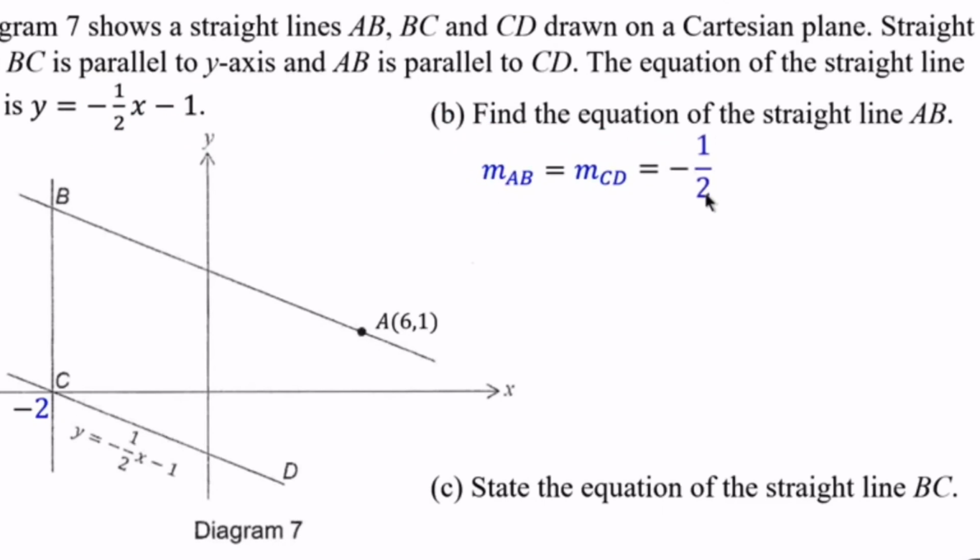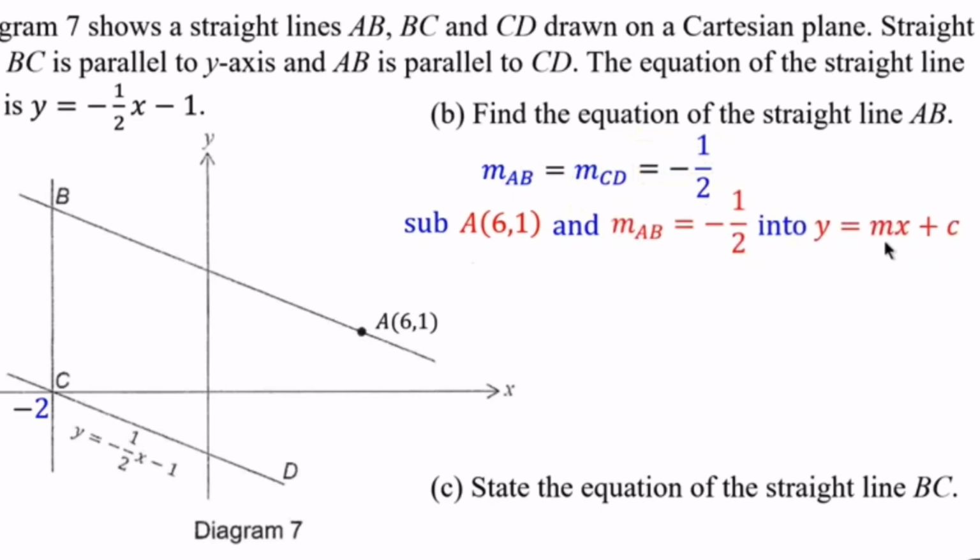So the gradient can be obtained from one of the lines given, which I just read is -half. Then I will use the same gradient because they are parallel, and I will substitute the point that lies on AB, which is (6, 1).